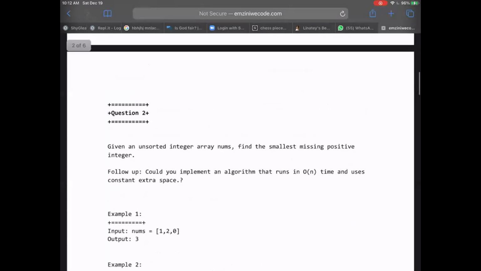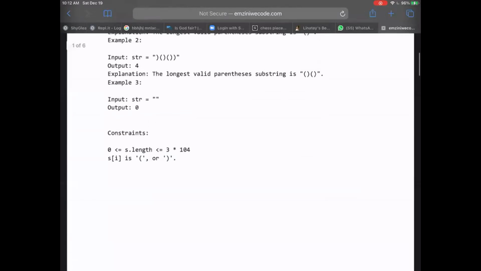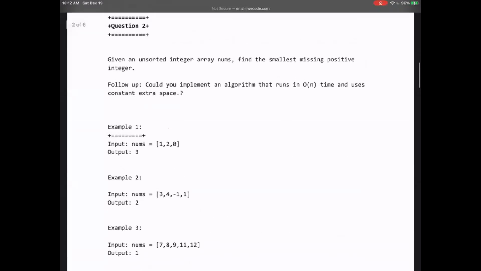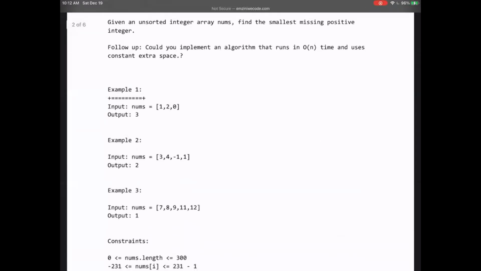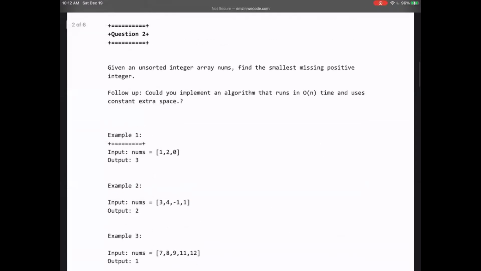Okay, people understood. Let's look at this one, for example. Okay, question 2. Robert said question 2. So how can we solve question 2?